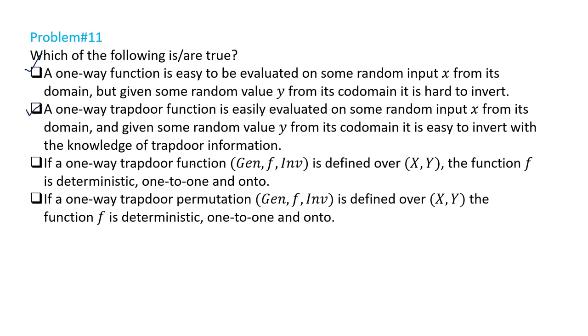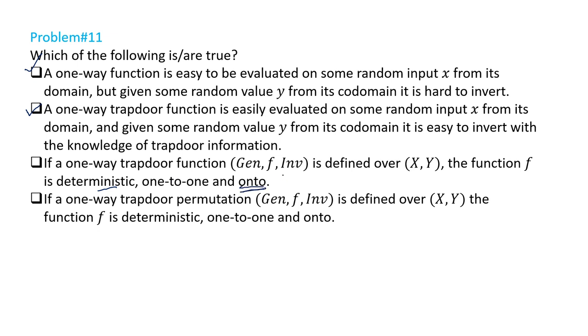If a one-way trapdoor function f with an inverse algorithm is defined over x comma y, the function f is deterministic, 1 to 1 and onto. Well, it is deterministic. It should be 1 to 1, but onto is not necessary.